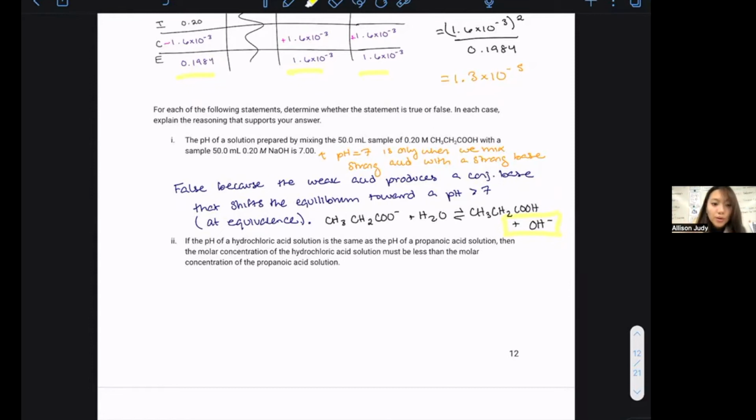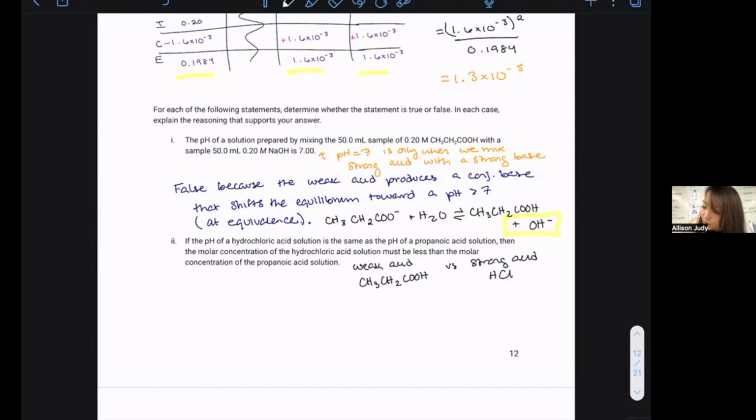So here, we're comparing a weak acid, propanoic acid, CH3CH2COOH, versus a strong acid, HCl, hydrochloric acid. And we're told that they have the same pH. Therefore, the molar concentration of hydrochloric acid must be less than the molar concentration of propanoic acid. And the question is, did that make sense?